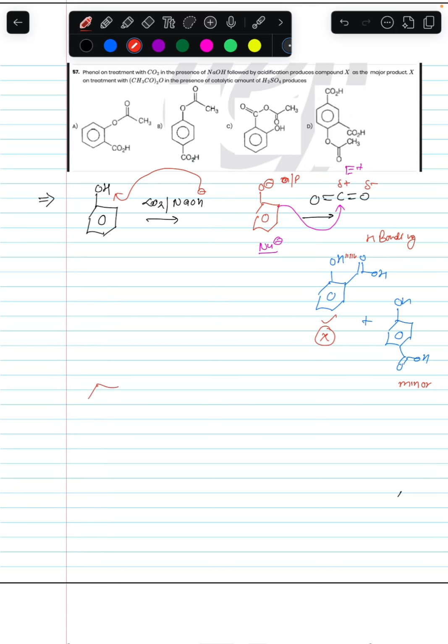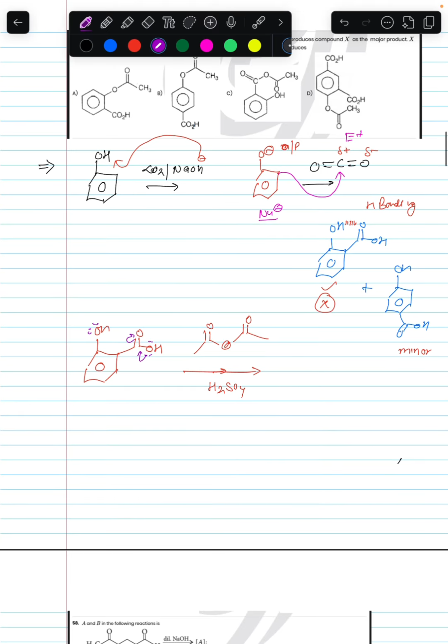Next, this major product, C double bond O OH, reacts with acetic anhydride followed by acidification, meaning workup. Now this oxygen has a lone pair, this oxygen also has a lone pair, but this lone pair is resonance stabilized, so its nucleophilicity is less.